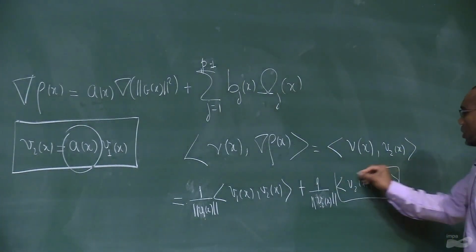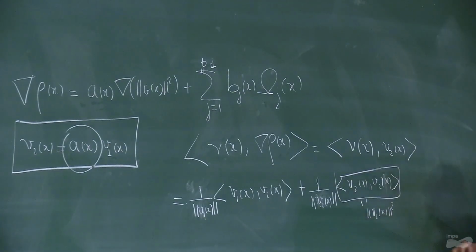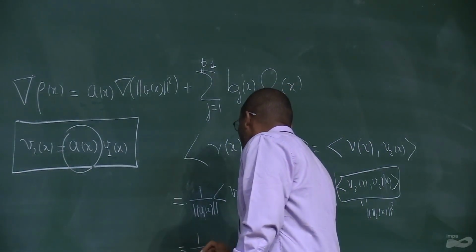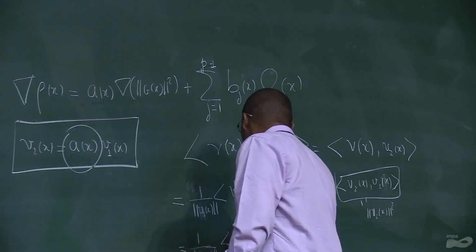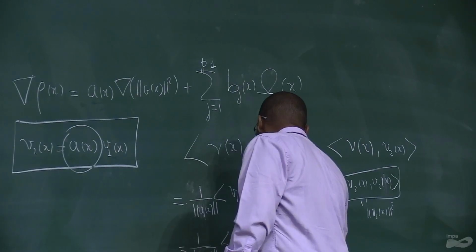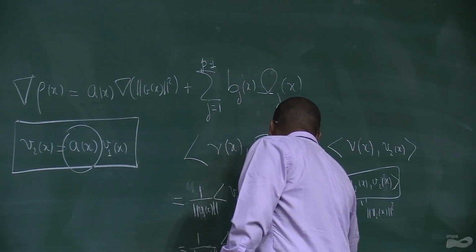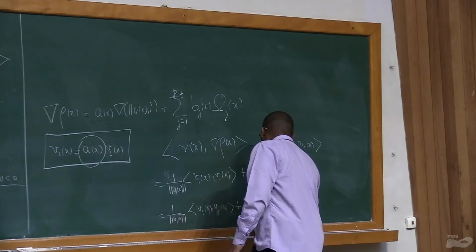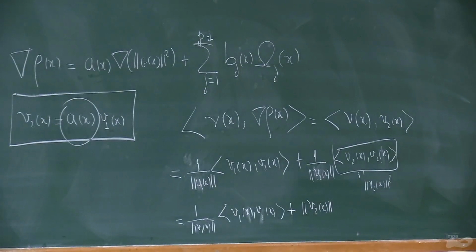This is the squared absolute value of V2x. So you get 1 over absolute value of V1x, V1x, V2x plus the absolute value of V2x.